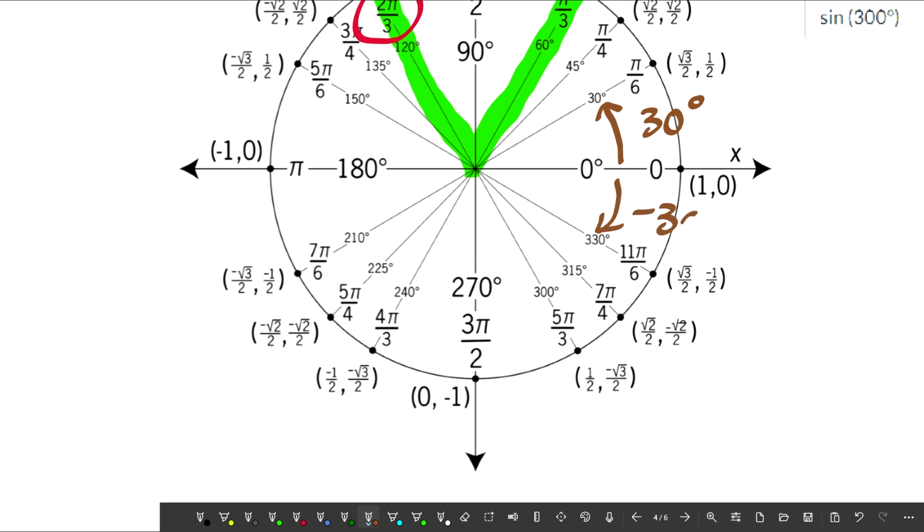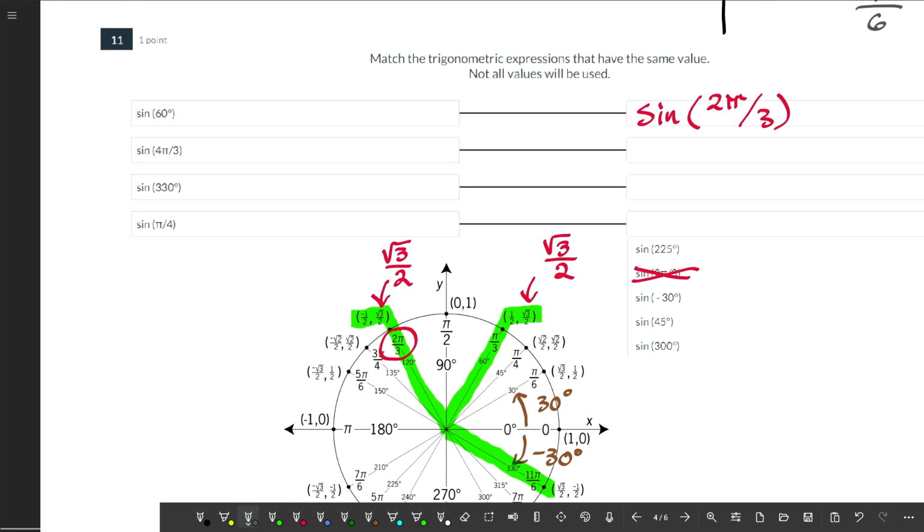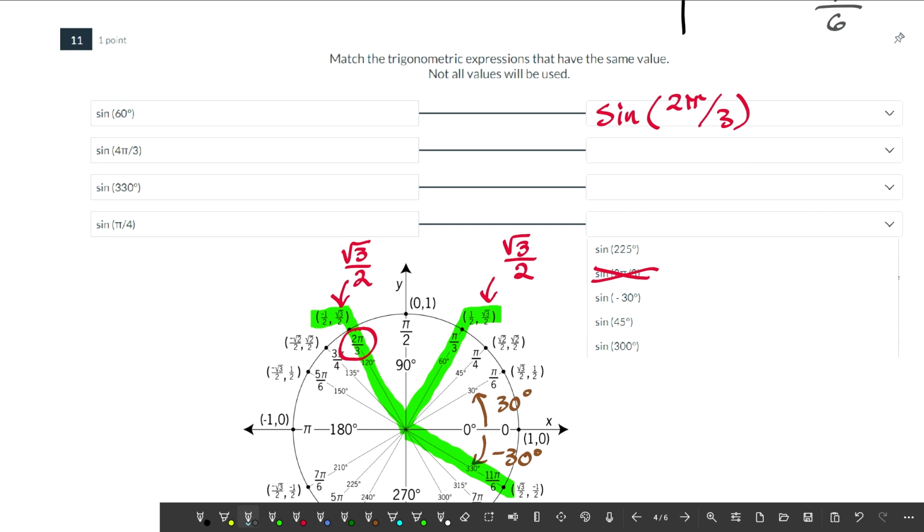So that would be this direction. So negative 30 degrees is actually equivalent to this angle right here, 330. So zooming out, we can say that sine of 330 is the same as sine of negative 30 degrees.